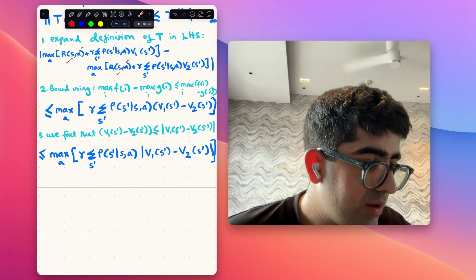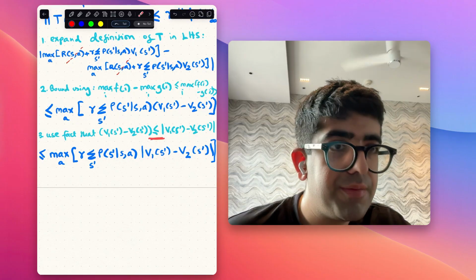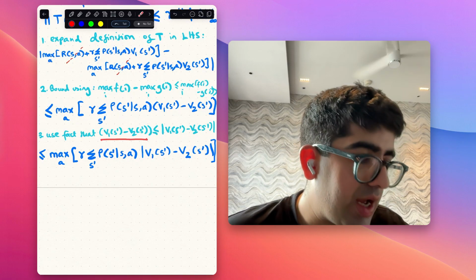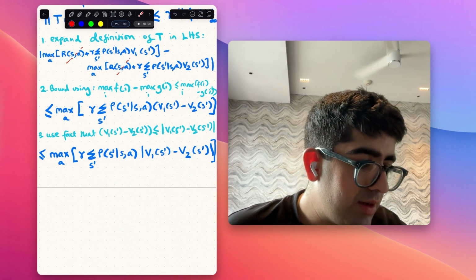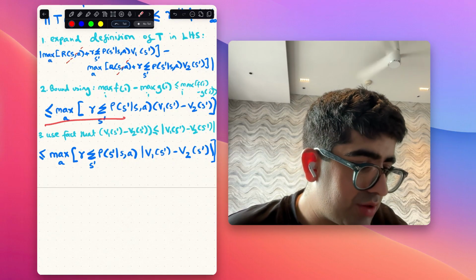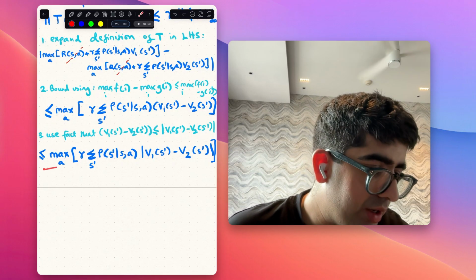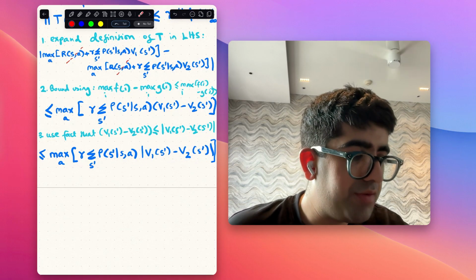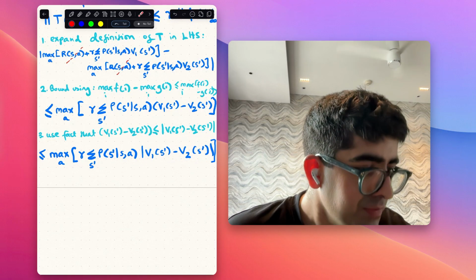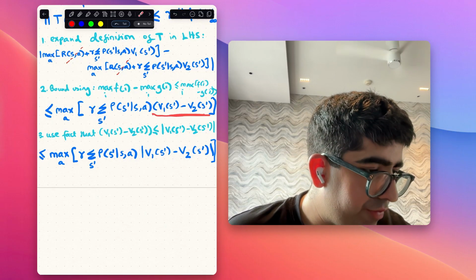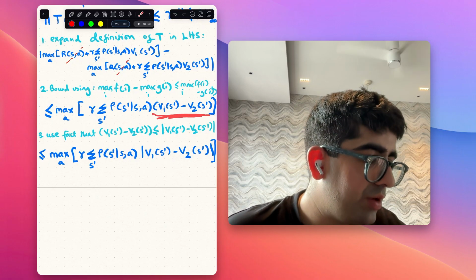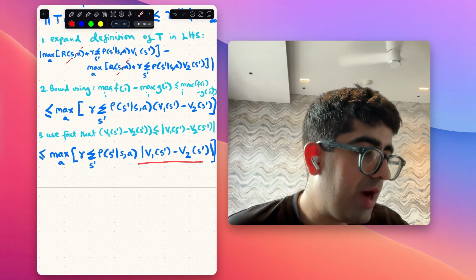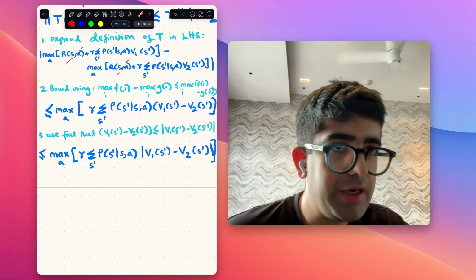So we can define this clear upper bound, and this expression can be bounded by this new expression, where the only thing that we've done is replace the regular difference of V1 and V2 by the absolute value difference of V1 and V2.